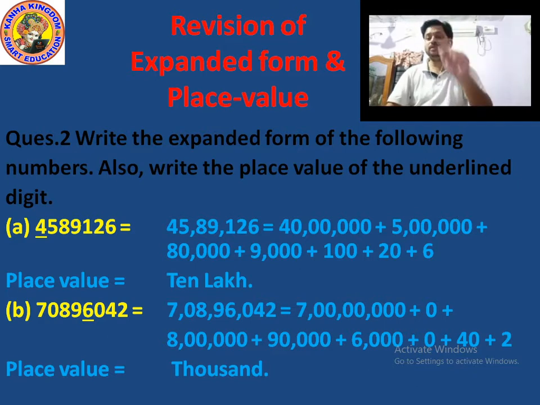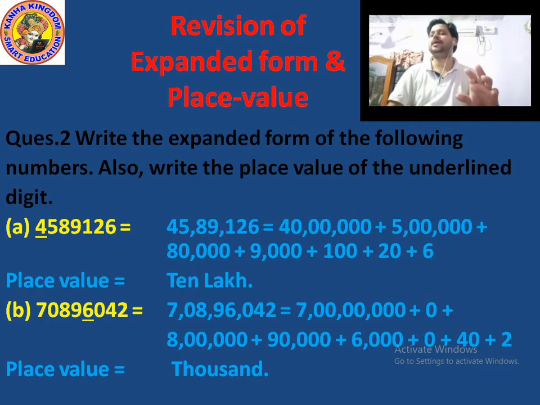So you write down 9 and the rest all the numbers converted into 0, means 90 comma 000 plus, and after 9, 6. So 6 comma 000 plus. So which digit comes after 6? 0. So just write down 0 plus, after 0 which digit? 4. So 40 plus, finally 2. Okay, this is the exact way of expanding the number.